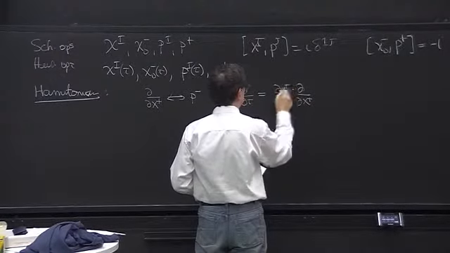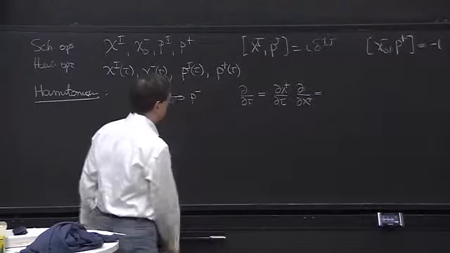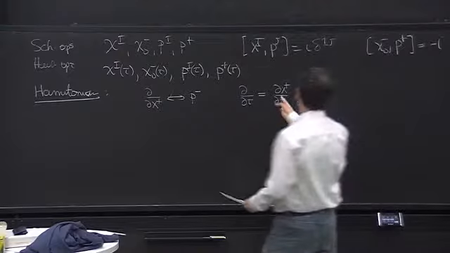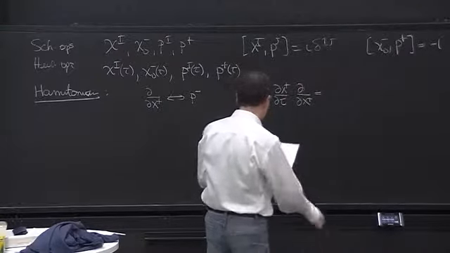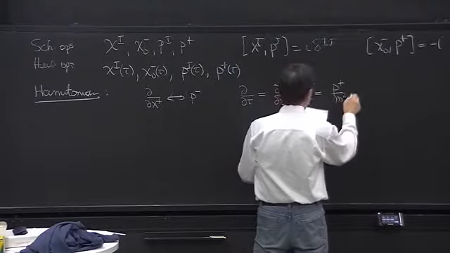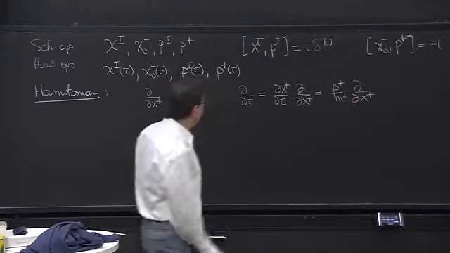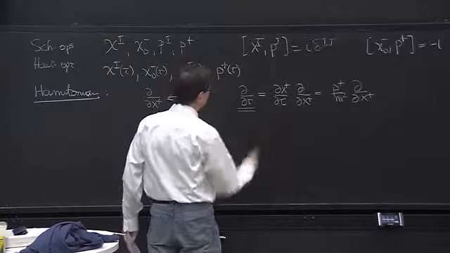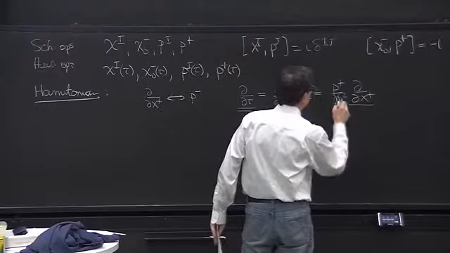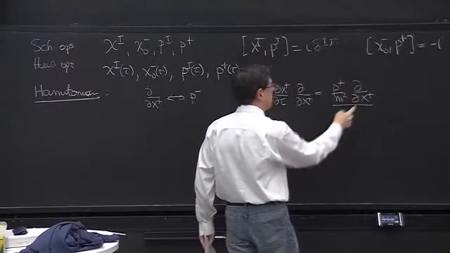They're proportional up to a constant. So dx plus/d tau is p plus over m squared, times d/dx plus. So my guess is that the thing that evolves in tau should be this thing, and the thing that evolves in d/dx plus, which is p minus.